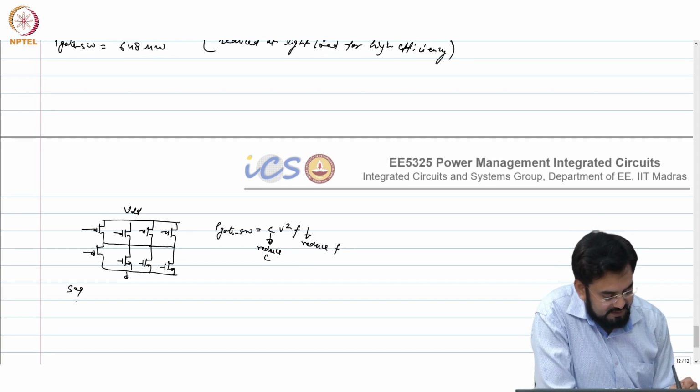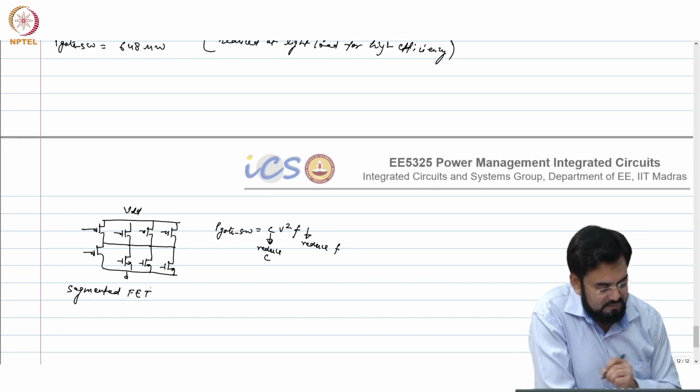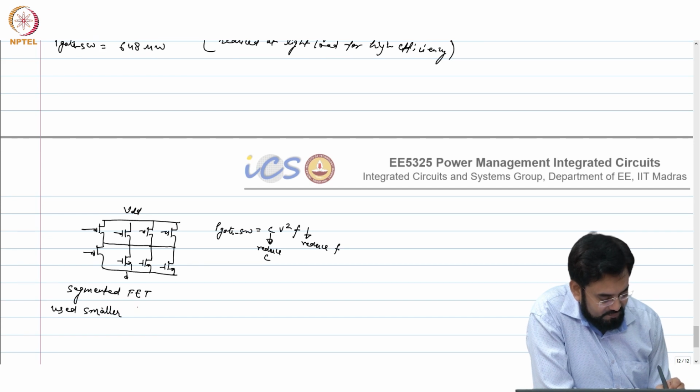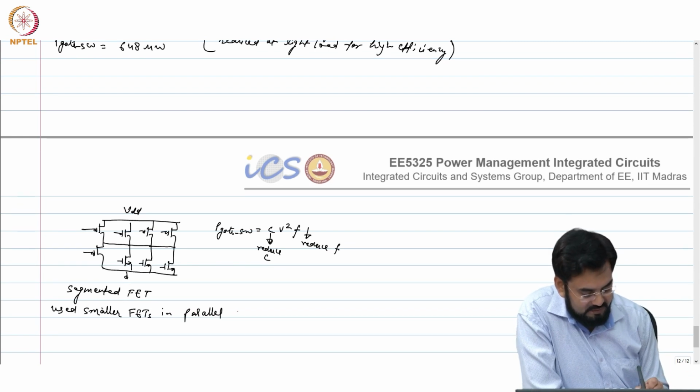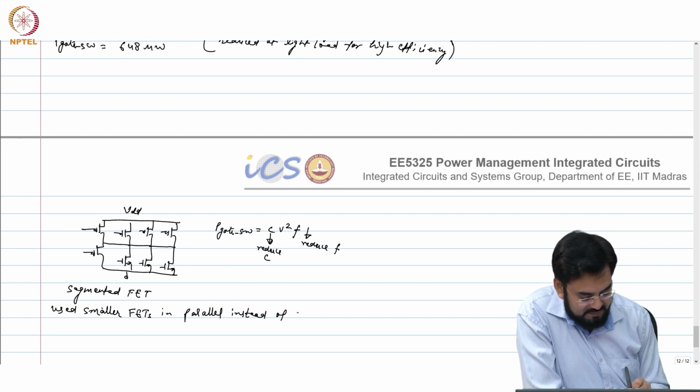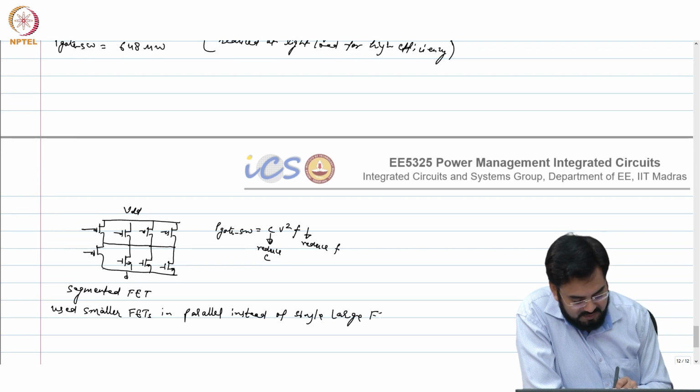This is called segmented FET. Use smaller FETs in parallel instead of a single large one.